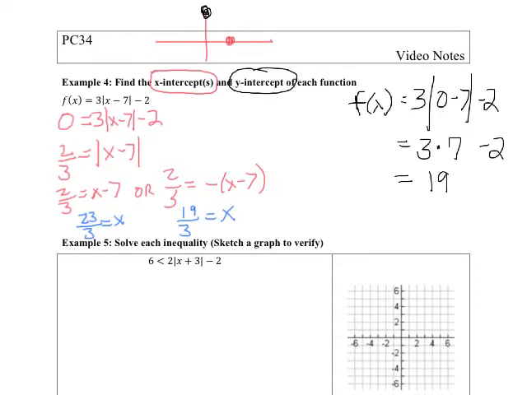So with this, we could actually roughly draw out a graph, and our graph would have a y-intercept up here at 19, and then it's going to have 2 x-intercepts over at 23/3 and 19/3. And then our graph is going to basically pass through those 3 points. Something to that effect. So it is a useful way to draw a rough sketch.